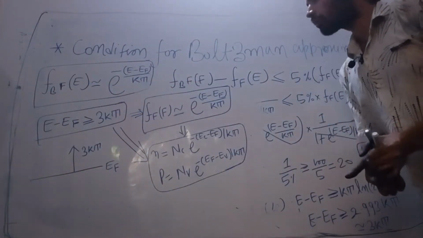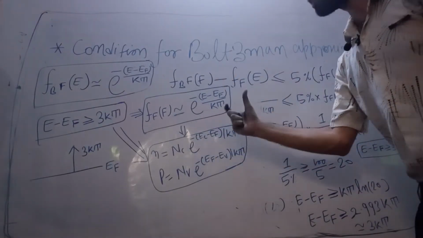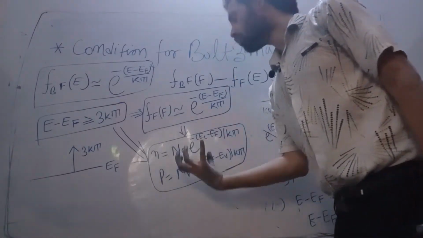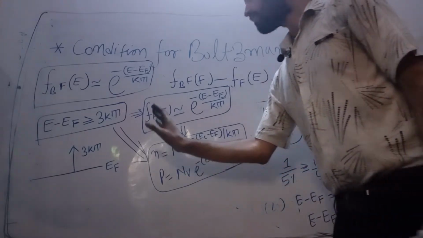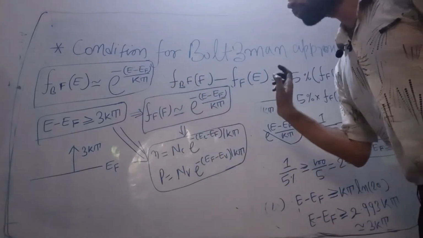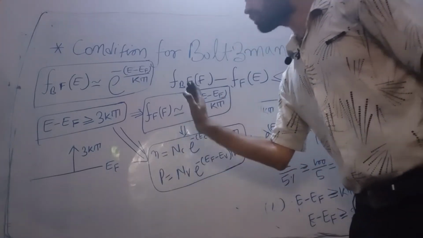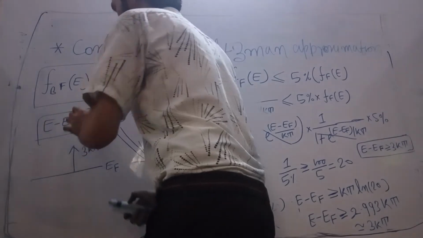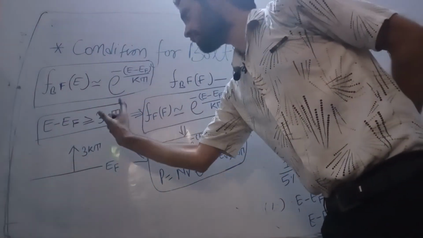Then only am I eligible to take the Boltzmann approximation into account in order to calculate the carrier concentration. It is possible only when E minus Ef is greater than 3 kT.